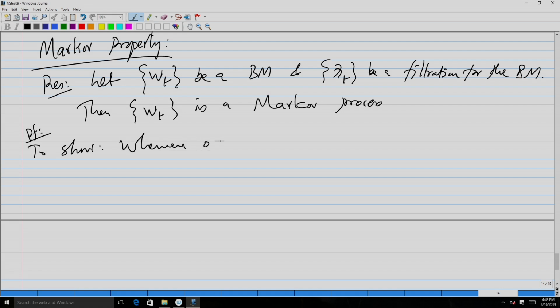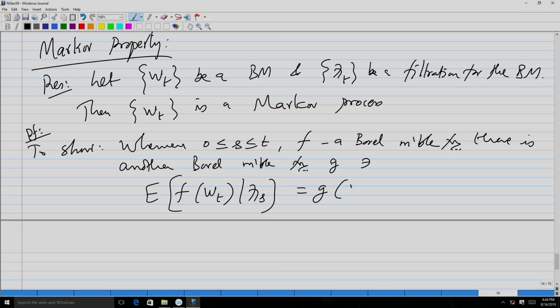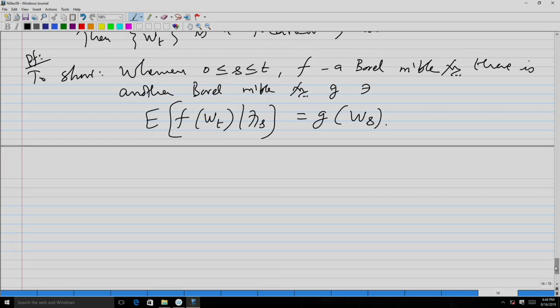Whenever 0 is less than or equal to s less than or equal to t, and f a Borel measurable function, there is another Borel measurable function g such that the expectation of f of W t given F s should be g of W s. So, to show that W is Markov, we need to show only this part.